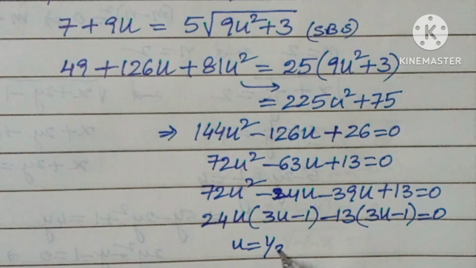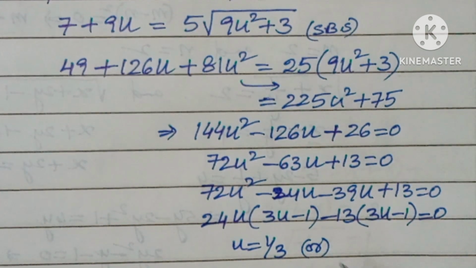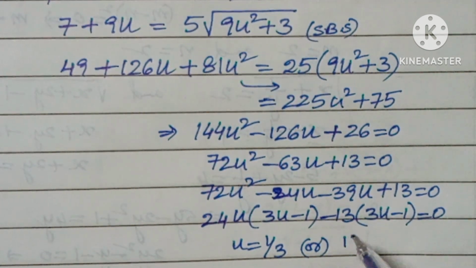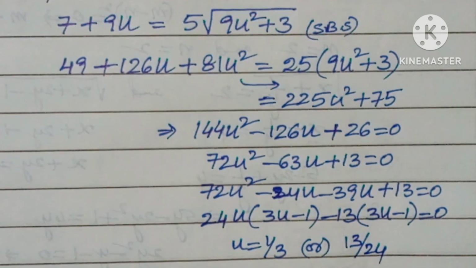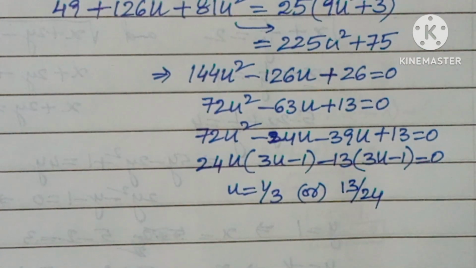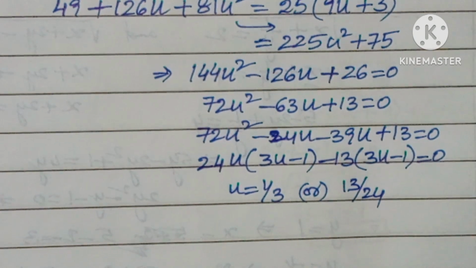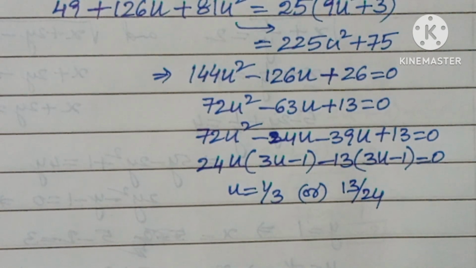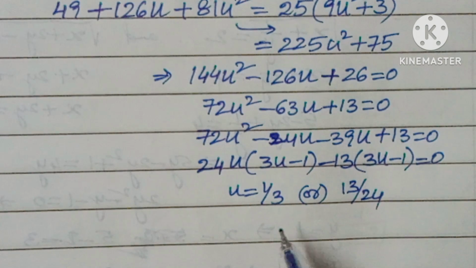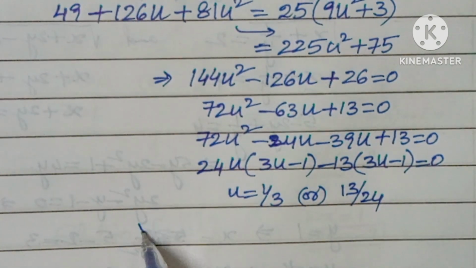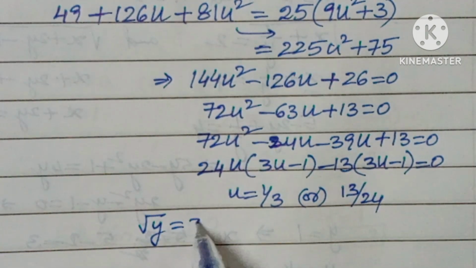So u is equal to 1 by 3 or 13 by 24. Here u is nothing but the cos square theta value. So root y is equal to 3u.